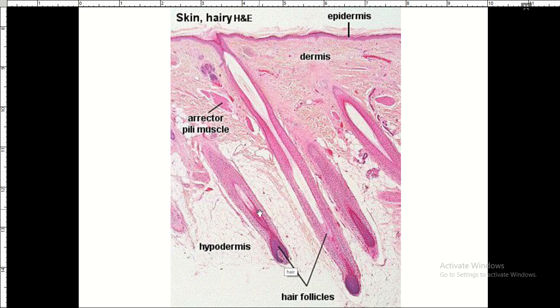This is your external root sheath formed by the stratum basalis and stratum spinosum cells, right? And remember, your hair follicle always has this smooth muscle called your erector pili muscle, and this erector pili muscle will be important in temperature regulation. When it is cold, it contracts, causing the hair to become erect, right? And to capture air, that will act as an insulator.